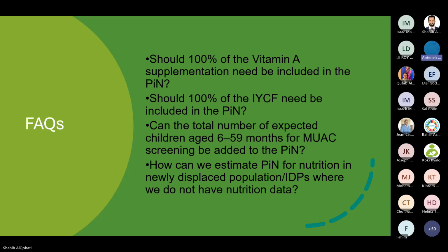So our mandate is, of course, to make sure that we focus on humanitarian needs. What are considered as humanitarian needs within the nutrition sector? For example, taking vitamin A supplementation, covering 100% of the vitamin A supplementation need is not within the mandate of nutrition in emergency, right?